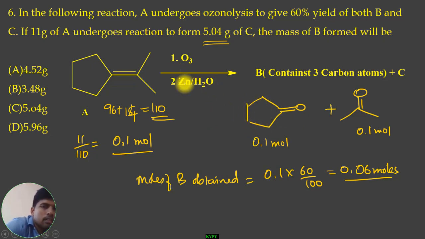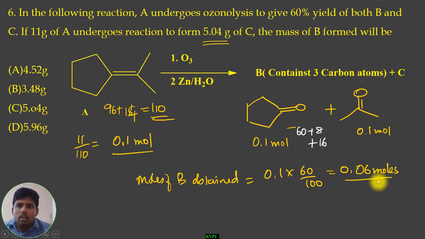That is 60 plus 8 plus 16, 84. So 84 is the molar mass of B. Okay.